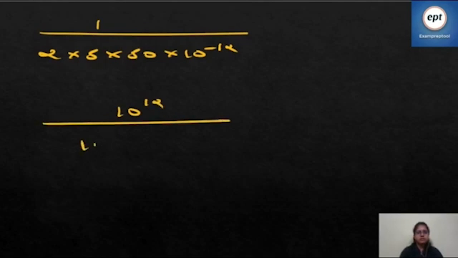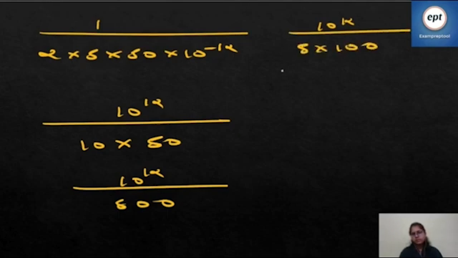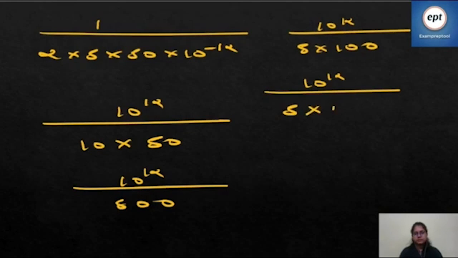Now this is 10 into 50 if you do, so it will be 10 to the power 12, so this will be 500, which is 10 to the power 12, so 5 into 100, which is 5 into 10 to the power 2, so it will be 10 to the power 10 by 5.